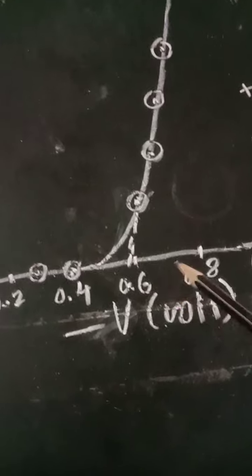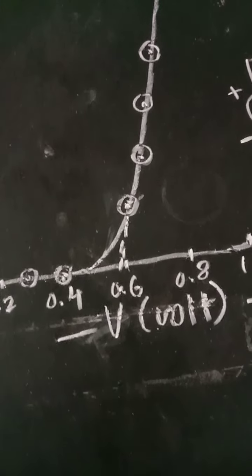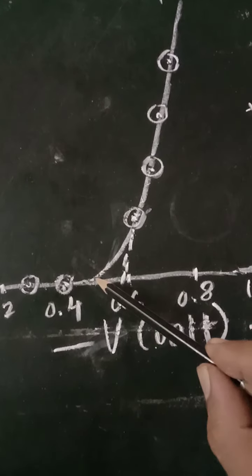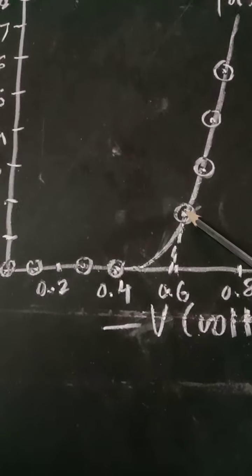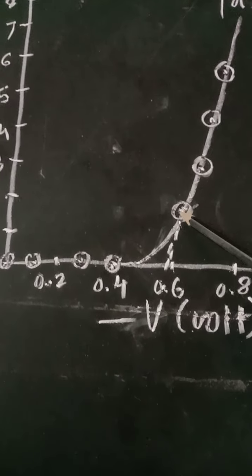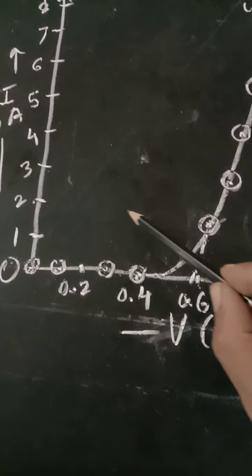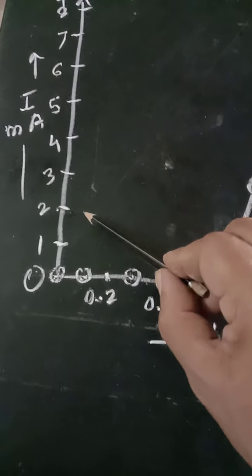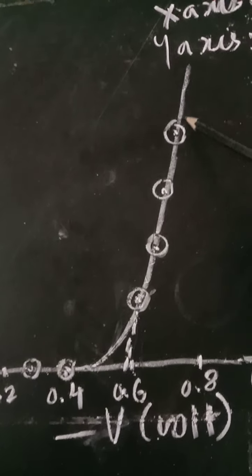If the potential exceeds 0.4, then a very small current will start flowing through it, and at this potential, nearly 0.6, suppose the current is equal to 2 milliampere, and therefore all these further points will be plotted.